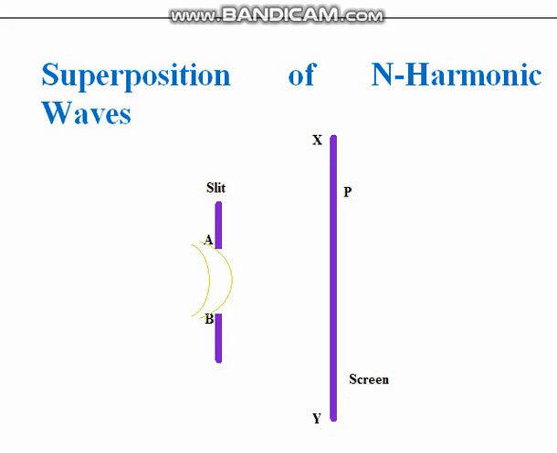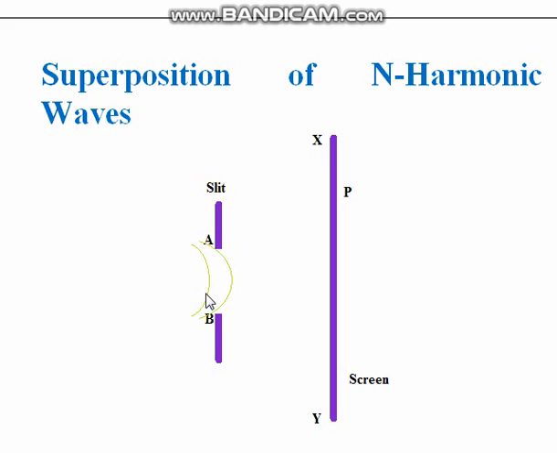This is the diagram in which we are going to explain the topic. Here there is a slit AB, and a plane wavefront is incident normally on the slit AB, and the position of the incident wavefront at any instant is, suppose, AB.